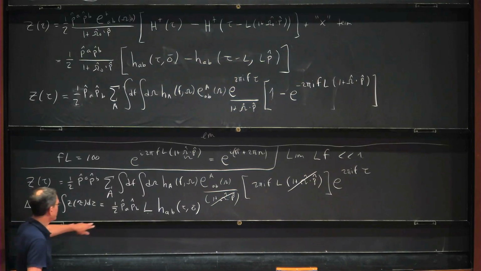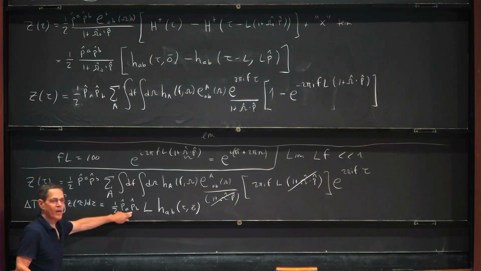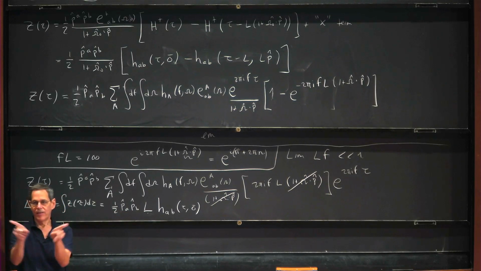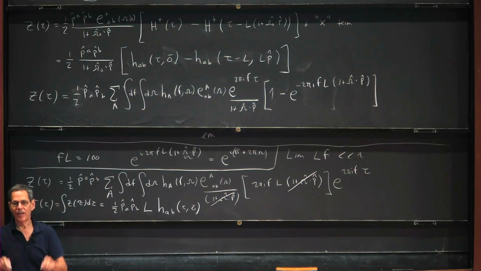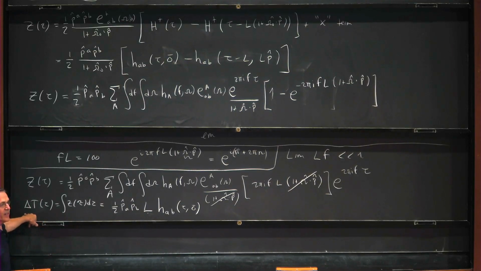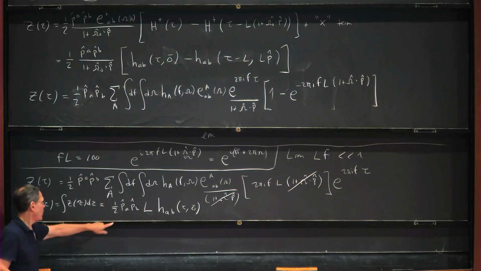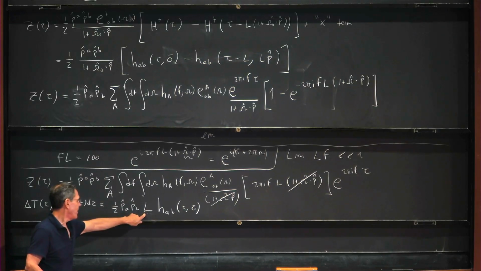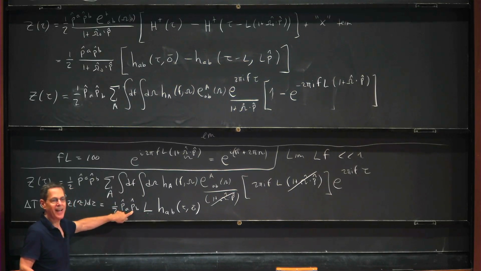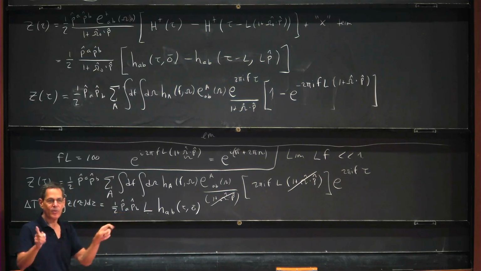If you want to know the response of a LIGO-like detector that has 2 arms, you know, this p hat here, there's the x arm and the y arm, and LIGO computes the difference. So the LIGO response is proportional to the length, and it's just given by replacing here p hat A, p hat B by x hat A, x hat B minus y hat A, y hat B, where those are the two perpendicular arm directions.